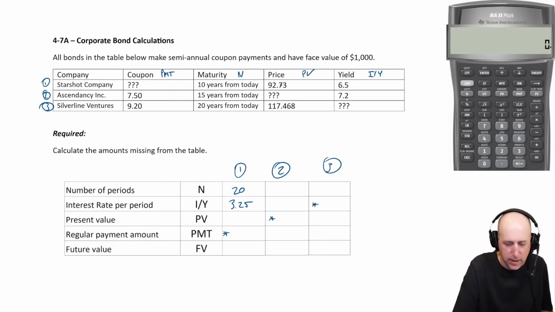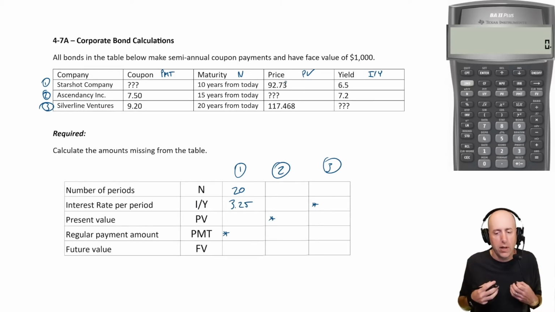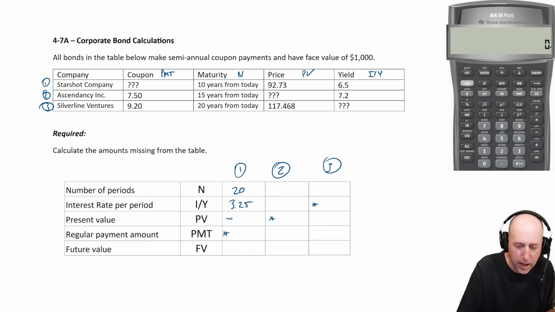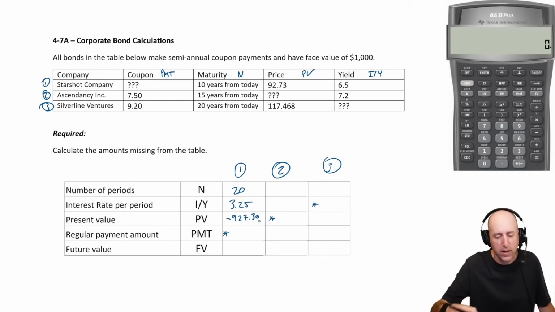PV is the price, and the price is quoted as a percentage, right? The company is giving $1,000 face value for its bonds. To buy it, you have to pay 92.73% of the face value, $927.30 to buy a $1,000 bond.